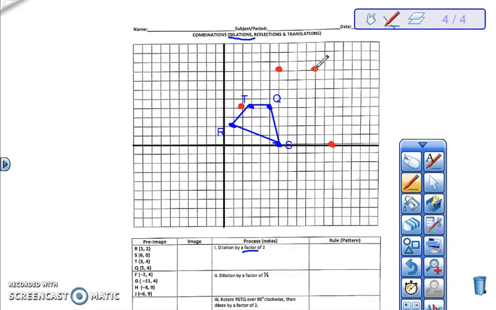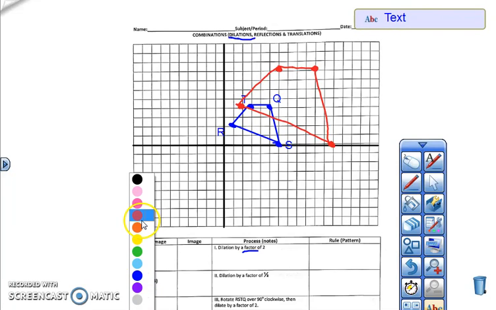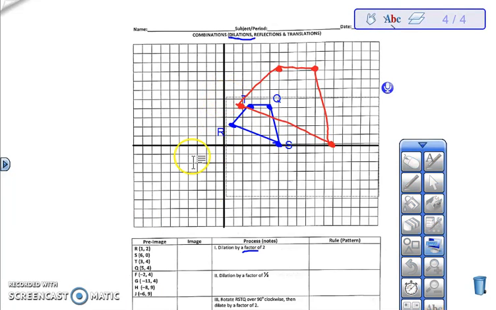And if I draw these correctly, I should get a figure that is the same shape but twice as large. So if I label those points, again, all we did was make them bigger, so the order of the points should not change. So if R was over here, the image of R is over here.